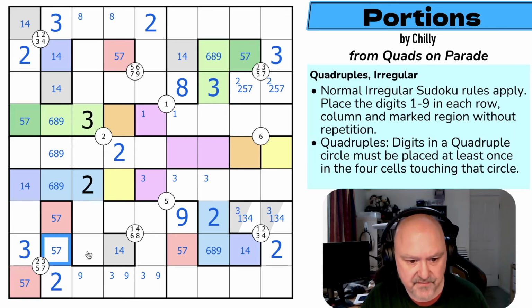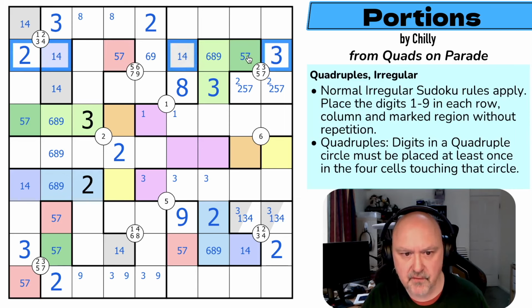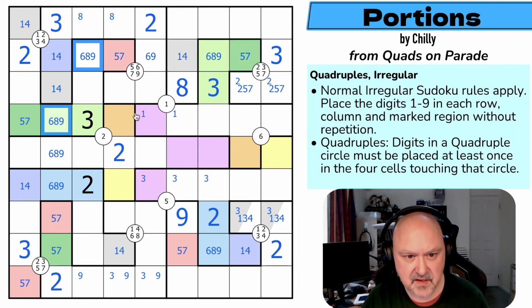That is not the red 57, so that's dark green. So dark green isn't in any... Oh, hang on. The dark green 57 has to be in one of those 2. That can't be 57. That's 6 or 9. In fact, this is 6, 8 or 9 as well, isn't it? 1, 2, 3, 4, 5, 6, 7, 8, 9. This is 6, 8 or 9, giving me those from 6, 8, 9.